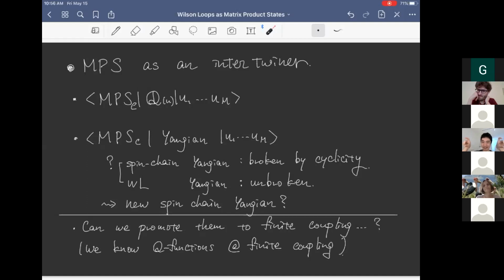But a finite size cylinder is at this point very hard to compute, because typically in TBA, I need to send one of the lengths to be very large. Maybe you can try something a bit similar to what people did for Hagedorn temperature. Okay, so maybe that might capture some interesting physics. Okay, thank you.